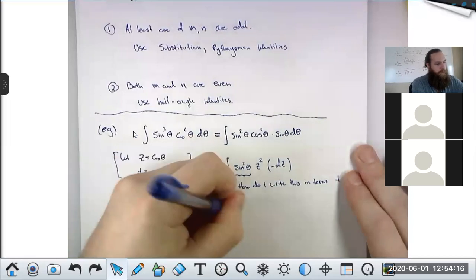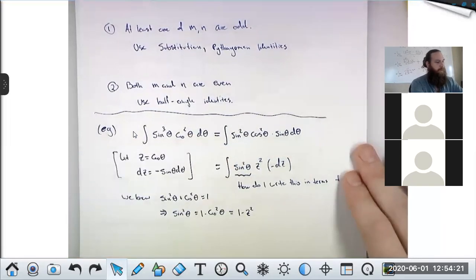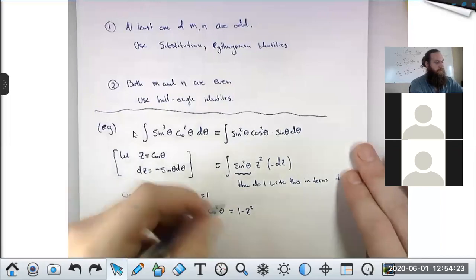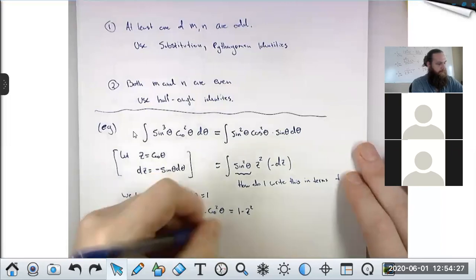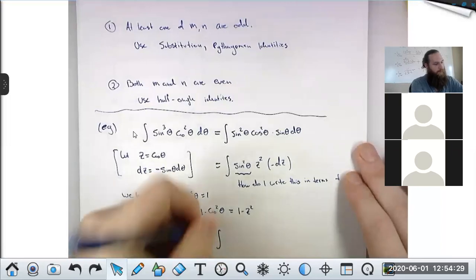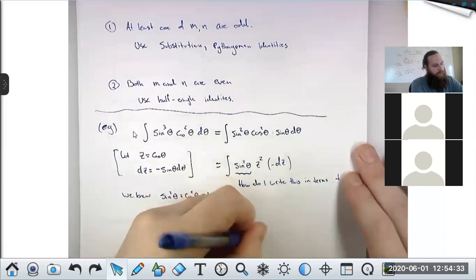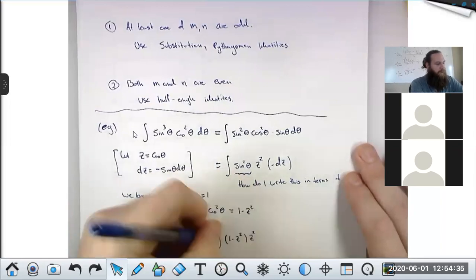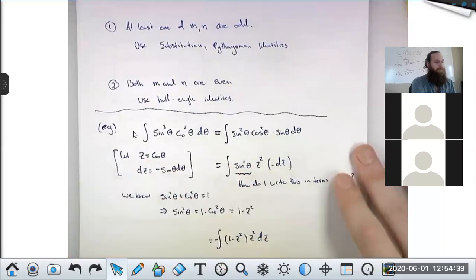So this is 1 minus z squared. So my integral is really equal to the integral of 1 minus z squared times z squared. We've got a negative from the differential and my dz here.